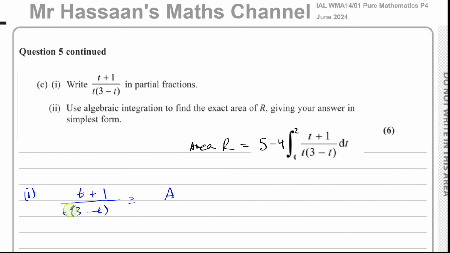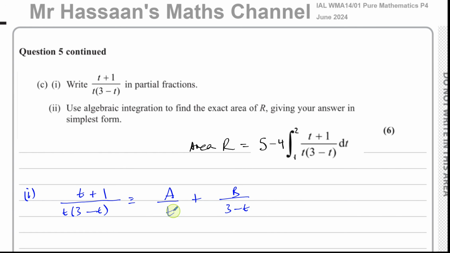First of all, you check, is it an improper fraction? Well, no, because the numerator has an order of 1, linear. The denominator has an order of 2. If you expand it, it would be t squared. So the numerator is of an order less than that of the denominator. So it's a proper fraction. So it's just going to split up into two proper fractions, a over t plus b over 3 minus t.